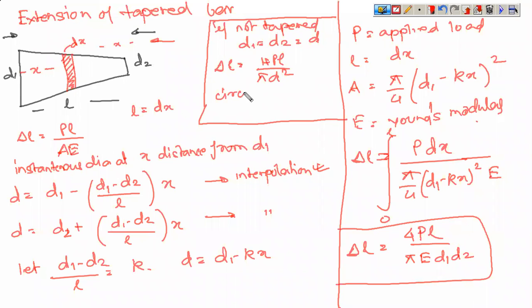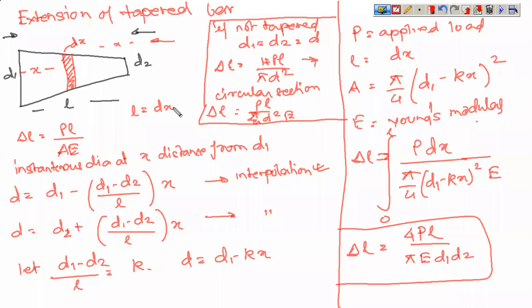For a circular section, this is true, because for a circular section what is delta L? P L by A, where A is pi by 4 d square into E. The 4 goes up, so this means this equation is valid for a circular section also. For a circular section, d1 becomes equal to d2, so they can be interchangeably managed here, and this formula becomes the same for a circular cross section as well.